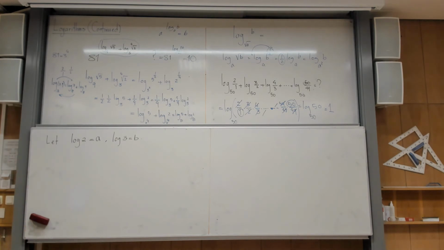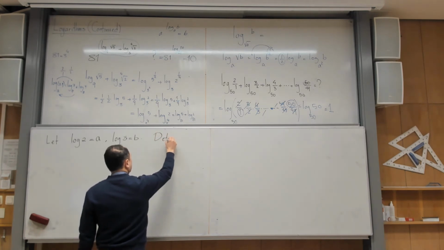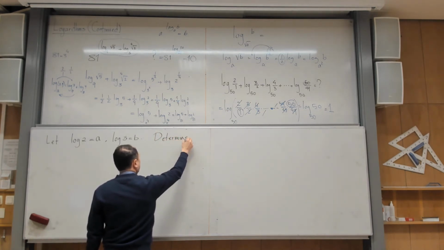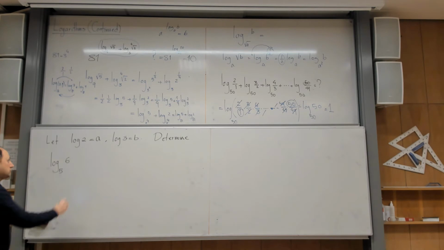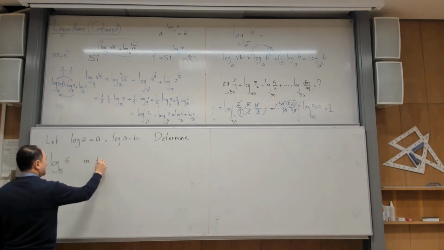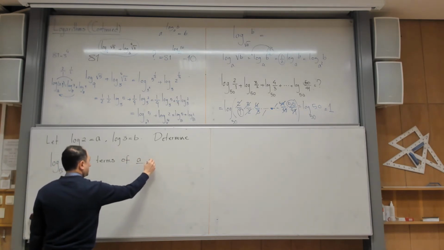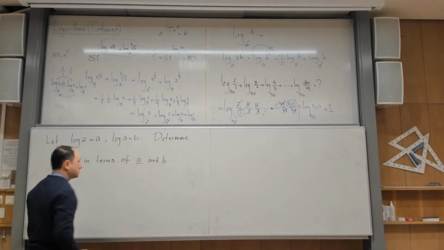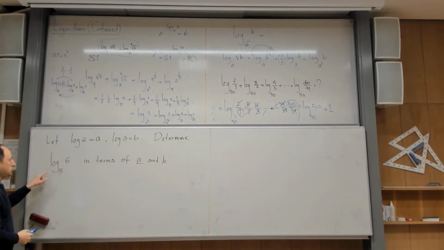Then what I'm asking you: determine the logarithm of 6 to base 5 in terms of A and B. My question is, give me a formula for this so that when I give you log 2 and log 3, you can put it in that formula and immediately calculate this.